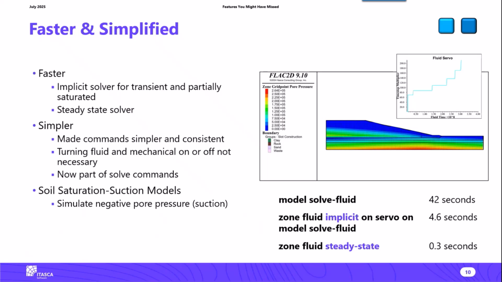In terms of simplification, we've endeavored to make the commands simpler and consistent. Turning fluid and mechanical on or off is not necessary anymore. These are now part of the solve commands. We also added soil saturation suction models, in order to simulate negative pore pressures for suction.